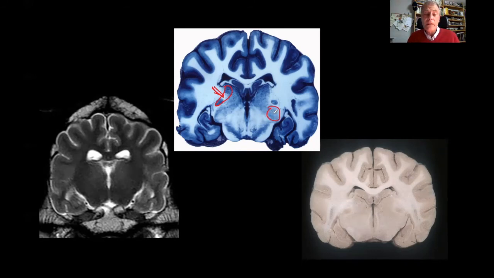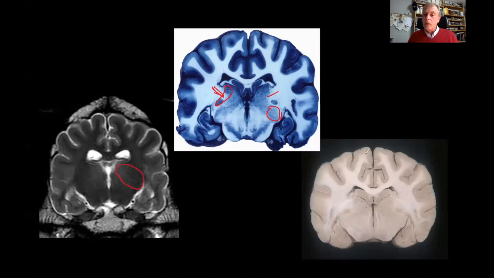This receives fibers from the caudal colliculus that are involved in audition, and the fibers that leave from it form the acoustic radiation. Okay, this is the optic radiation, and this is the acoustic radiation. On an MRI, it is located at this level here.